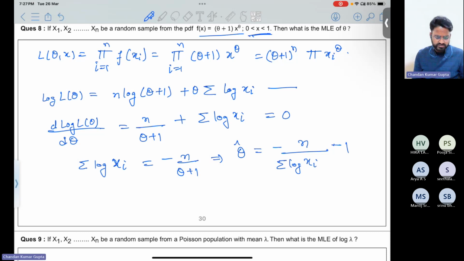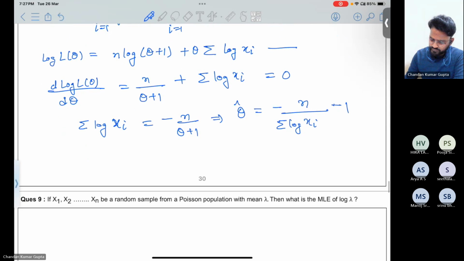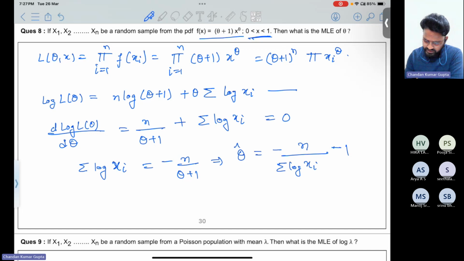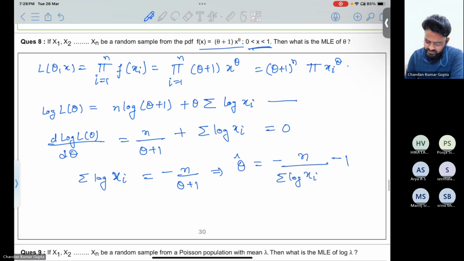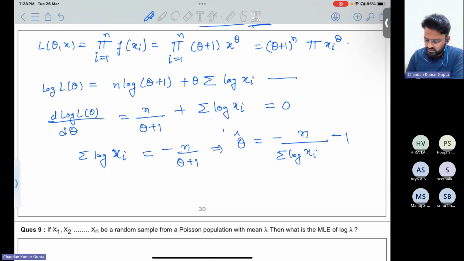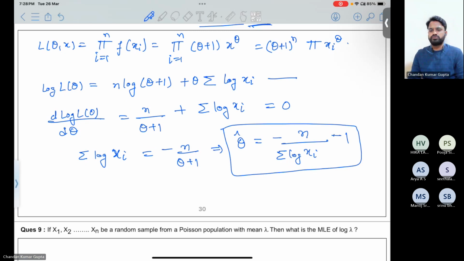I think it is right. So the MLE of theta will be like this.